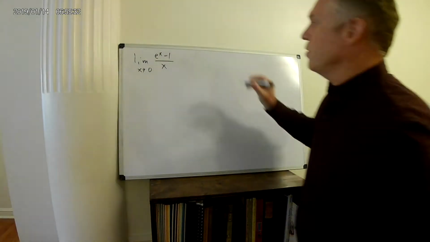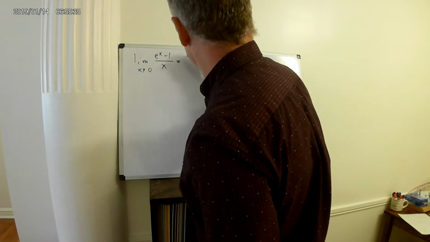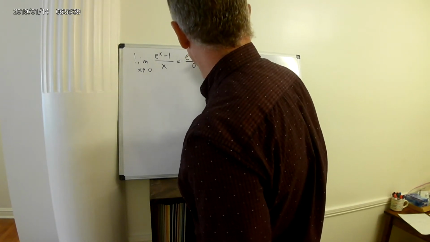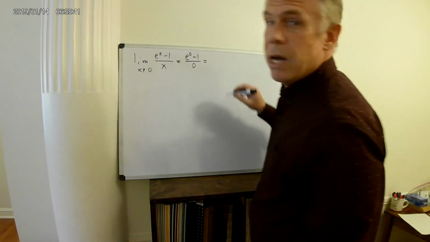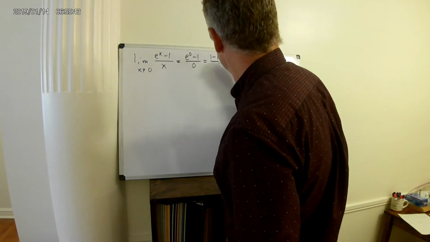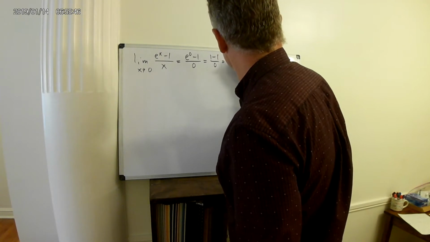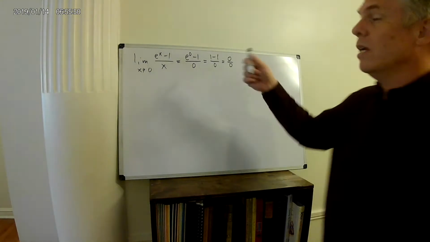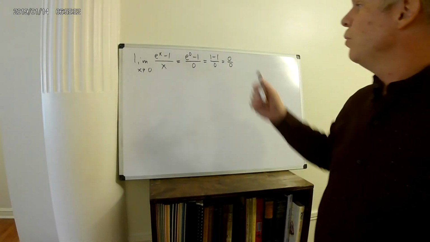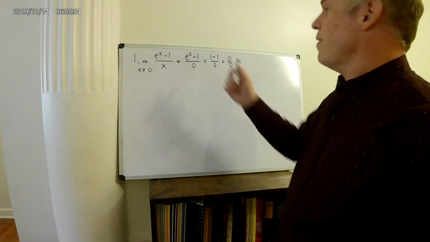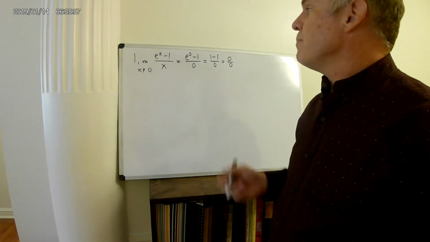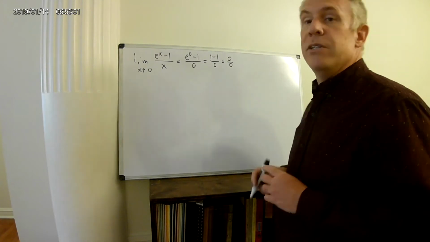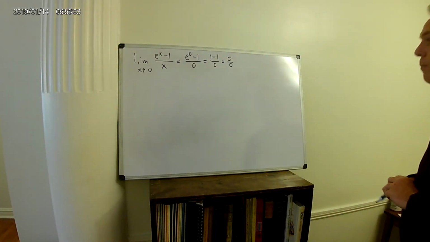If we plug in x equals 0, we get e to the 0 minus 1 over 0. E to the 0 is just 1, so we get 1 minus 1 over 0, which equals 0 over 0. This is an indeterminate limit. However, in this case, there's no simplification we can do. We can't factor this. We can't simplify it by multiplying by a reciprocal and so on. And so we're stuck with an indeterminate form of this limit, or so it would appear.